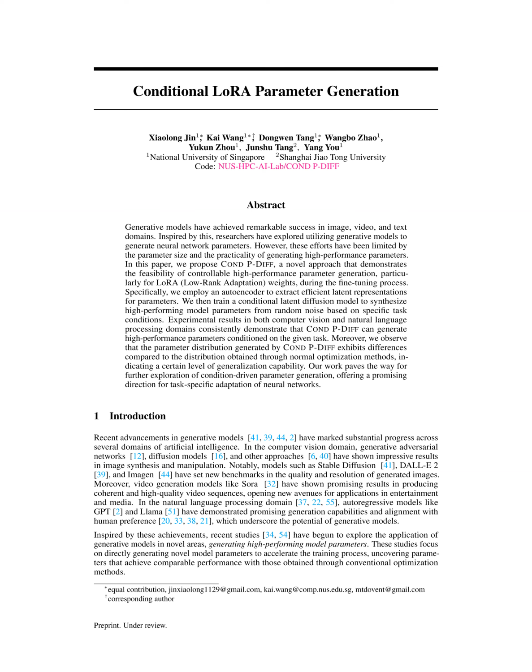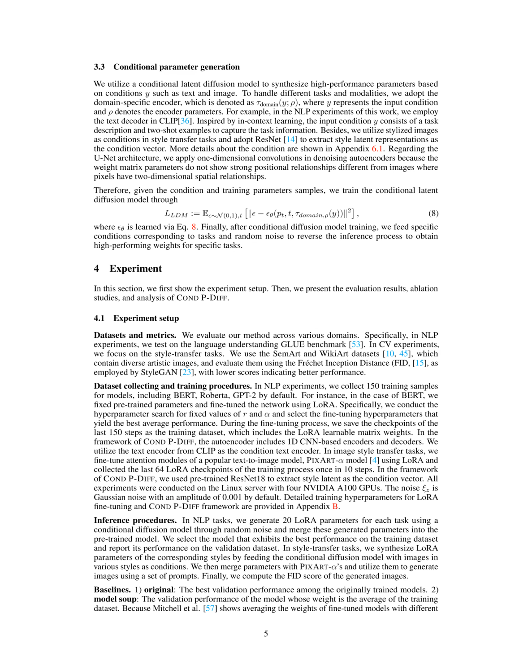In the NLP experiments, the model was tested on the GLUE benchmark, utilizing 150 training samples from models like BERT, RoBERTa, and GPT-2, which were fine-tuned using LoRA. For the CV tasks, particularly style transfer, datasets such as SEMArt and WikiArt were employed, with performance evaluated using the Frechet inception distance (FID) metric, where lower scores indicate better image generation quality.